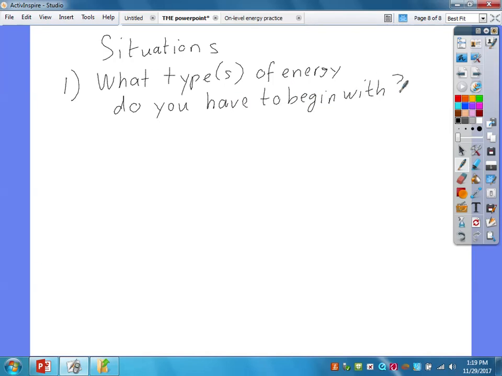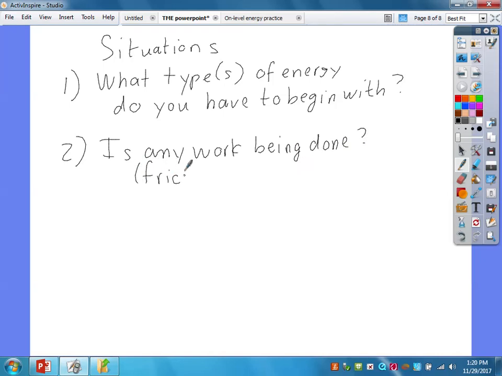Two, is any work being done? In other words, like I've said a bunch of times, is there friction or is there an applied force? If the answer to that's no, work external is gone from this equation.